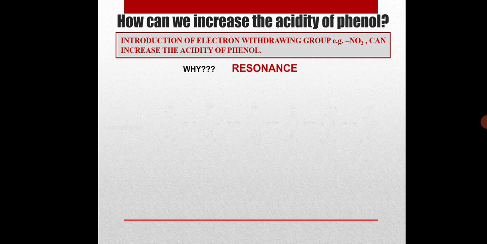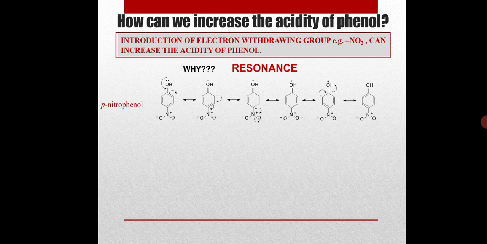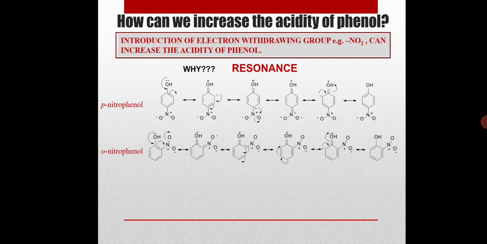When a nitro group is introduced at the para position with respect to the OH group, we get para-nitrophenol. And when a nitro group is introduced at the ortho position with respect to the OH group, we get ortho-nitrophenol. These are the resonance structures possible for para-nitrophenol and ortho-nitrophenol.